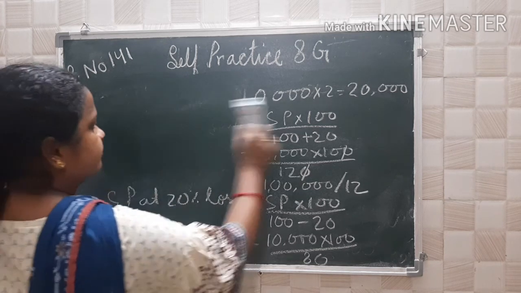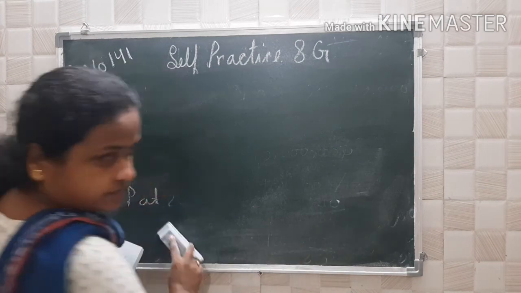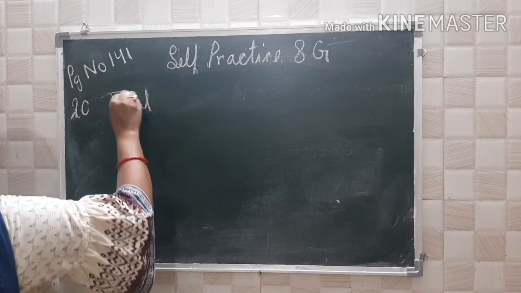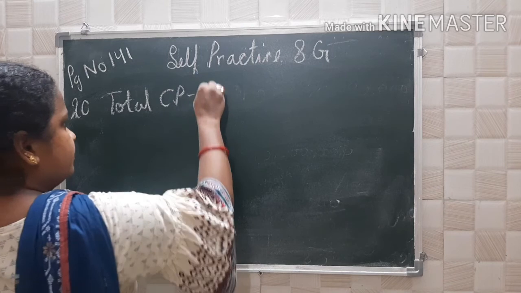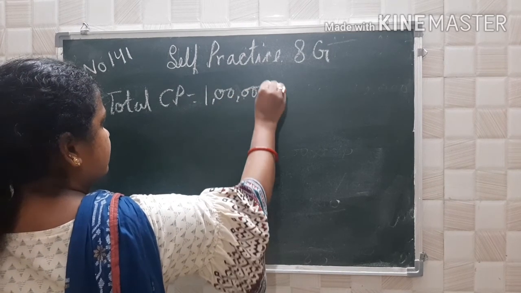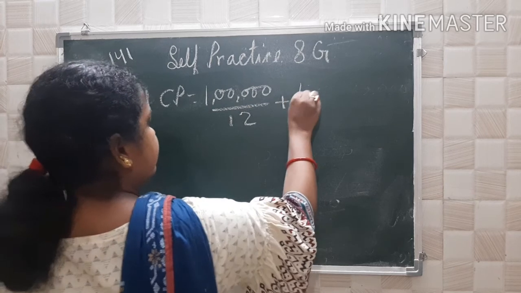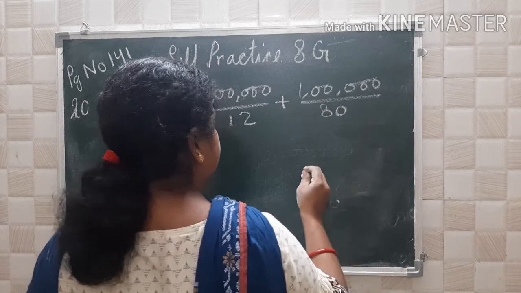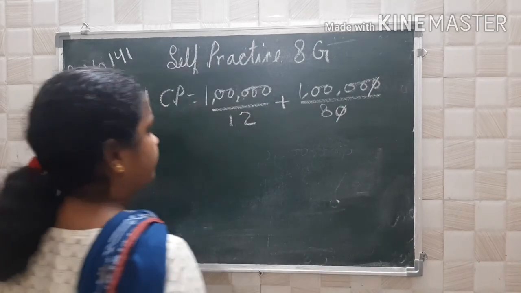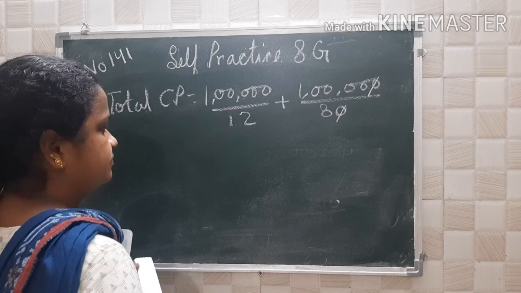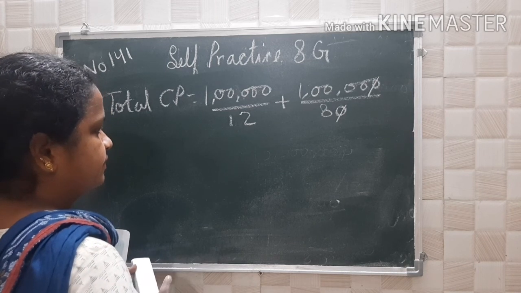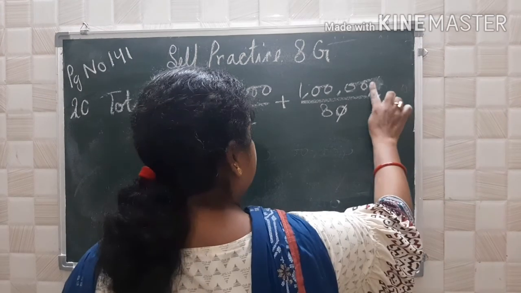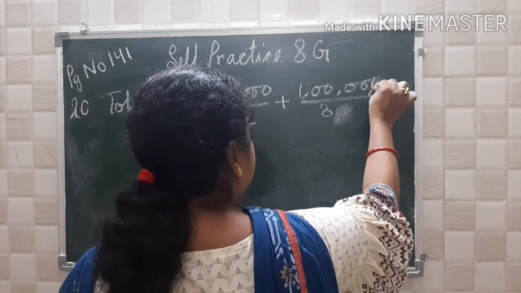Now what will be your total CP? Total CP is equal to 1 lakh upon 12 plus 1 lakh upon 8.